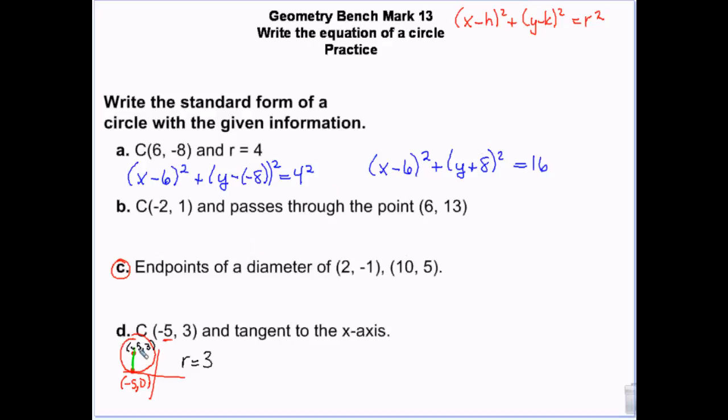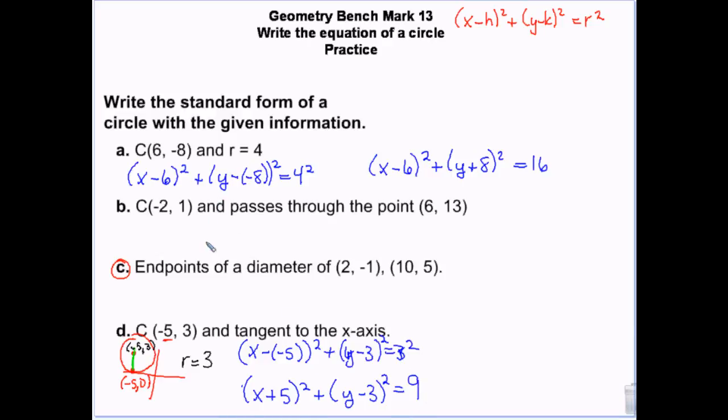D wasn't a lot harder because it was tangent, so we were able to calculate the r really quickly, and then it becomes a plug-in. So I have x minus negative 5, y minus 3 is equal to r squared. So the equation is going to be x plus 5 squared plus y minus 3 squared is equal to 3 squared, 9.